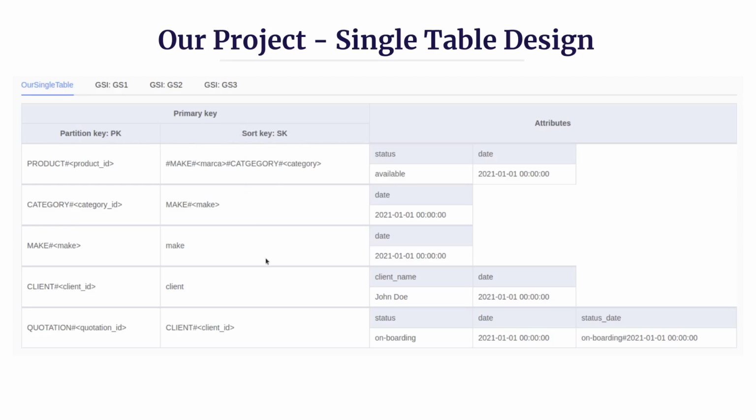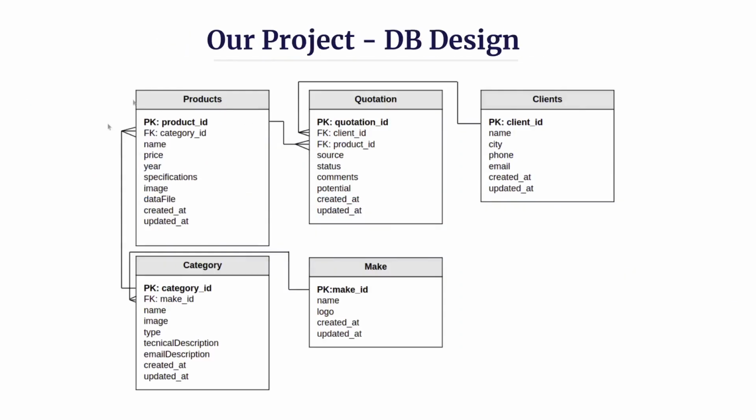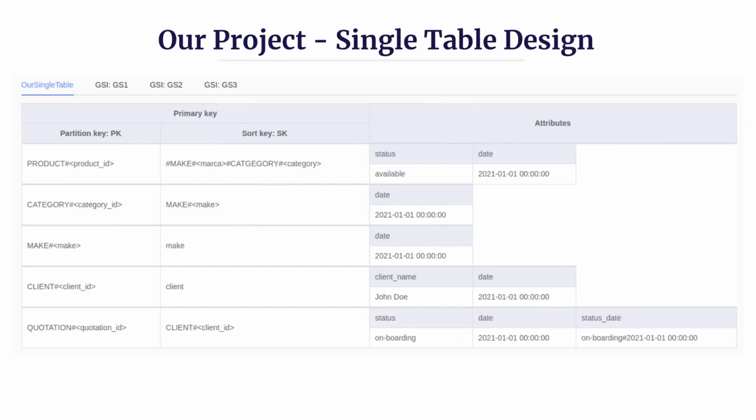For example, for the products table that we have here in our entities, the products are related to many quotations, and they also have the make and relate to the category. So it's one-to-many relations. What we do to solve this, as I told you before, is pre-join this data. So to get a product, I have the product with the product ID.